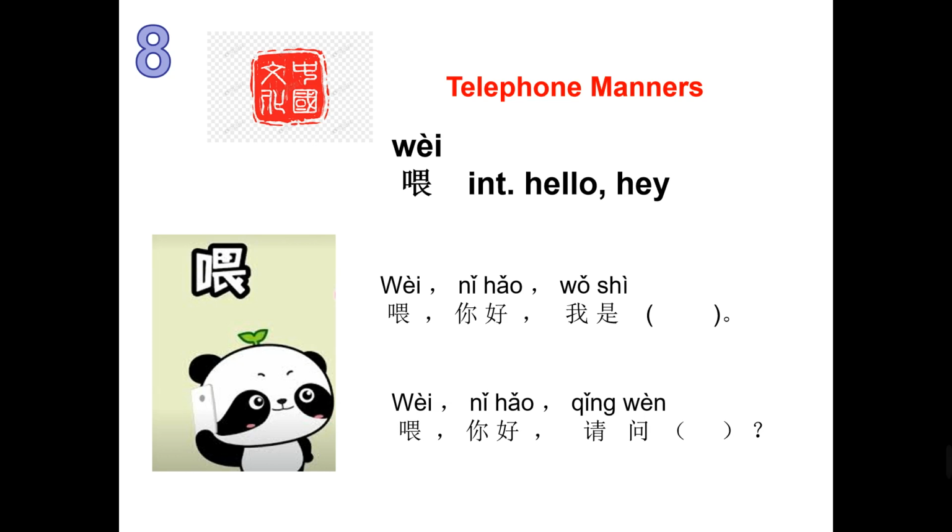Now let's continue. In another condition, we can also use 喂. For example, in a situation that you meet one of your friend in the office or on the way, and he or she didn't see you, then you can say 喂，你怎么样？喂，你在做什么？ Just like hey or hello, what are you doing?